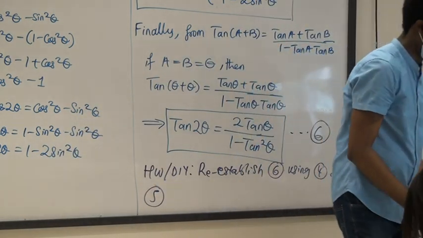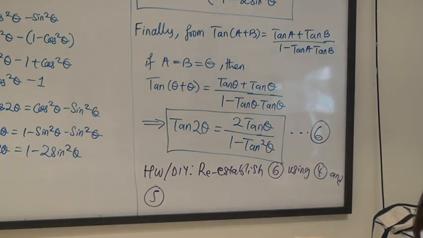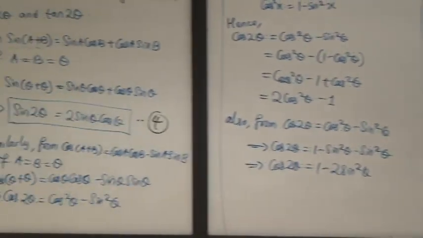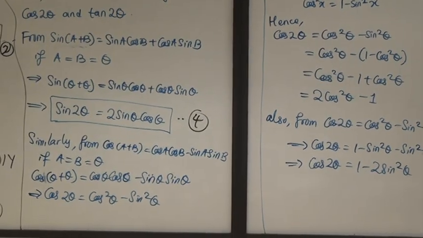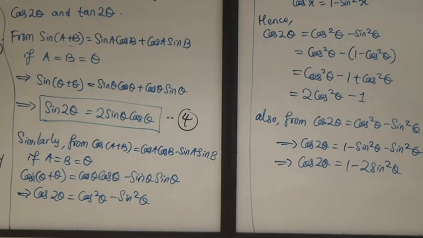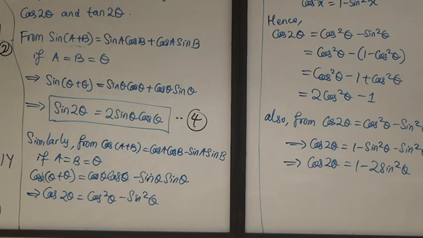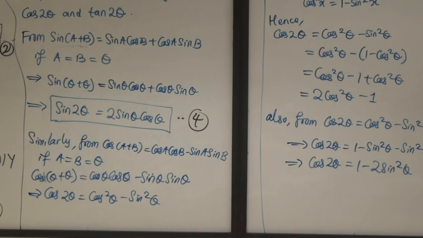Using 4 and 5, I need you to generate 6 again on your own. This is 4 and that is 5. So I'd like to see that maybe over the weekend. As soon as it's ready, just send it to me. Maybe before class on Monday.